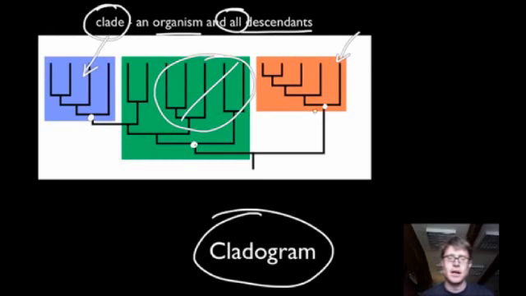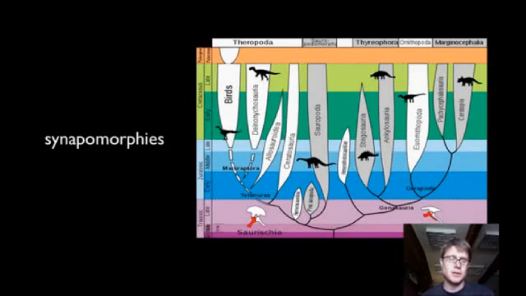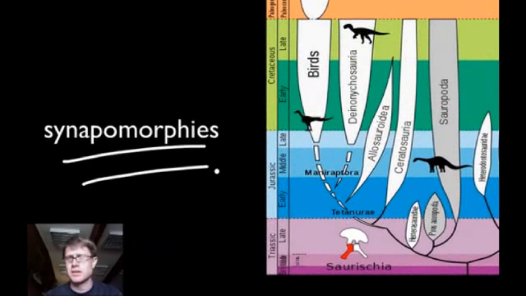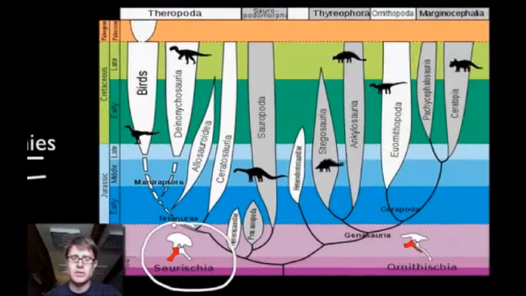You use molecular and DNA evidence for sure, but the other thing you use is something called synapomorphies. A synapomorphy is a characteristic that's shared by all of those in the clade. A couple of good examples: as we look through the fossil evidence of dinosaurs, we branch all dinosaurs into two groups, the Ornithischia and the Saurischia.